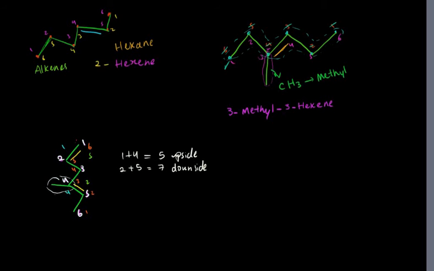Now my branch will be on number 4. As I know that this is methyl, I don't need to remember this every time I look at it, I just need to recognize it at first. So I know that this is in number 4, and this is methyl.